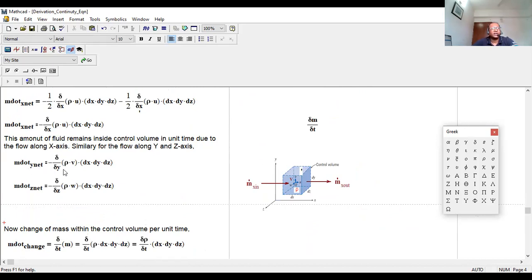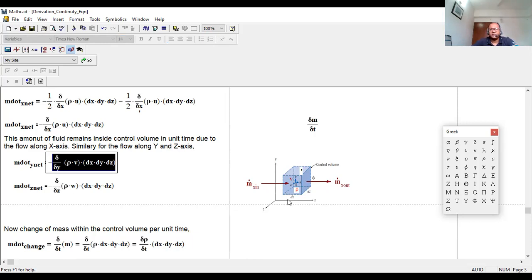So m dot y net will give you, if you follow the same procedure, instead of u, you're getting v. So this is my m dot net for the velocity component v. Similarly, you can figure out m dot z net.